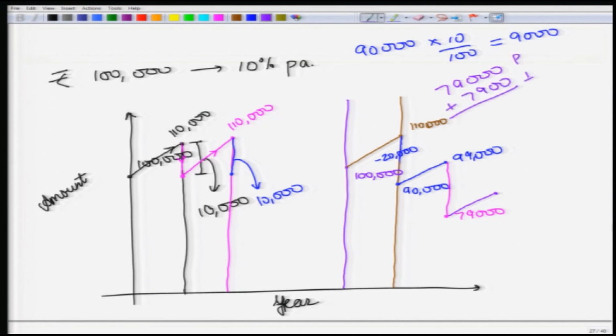So, this is the principal, this is the interest, which is 86,900. So, what we are observing here is that year after year the amount is going down. So, this is not a sustained yield.